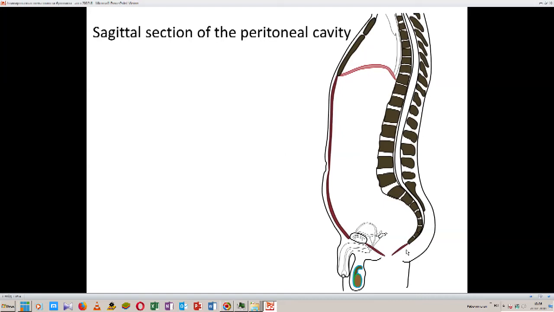This is a muscle which is inside of the pelvis and separates the abdominal cavity from the external environment. This is the diaphragm of the pelvis, and we understand that it's the inferior wall of the abdominal cavity.